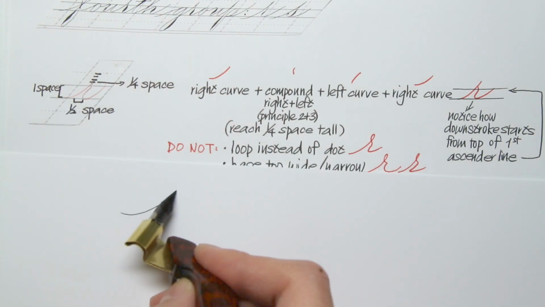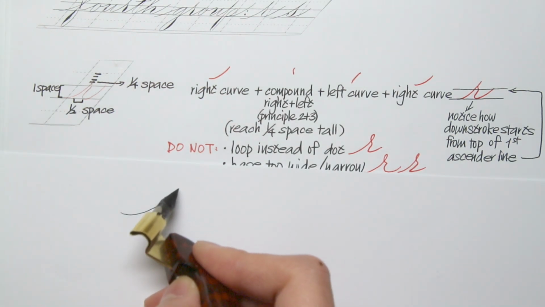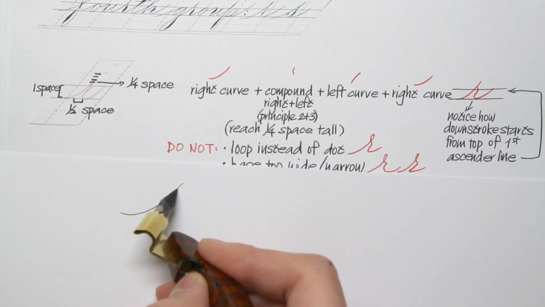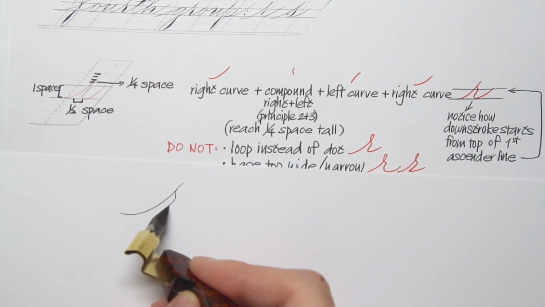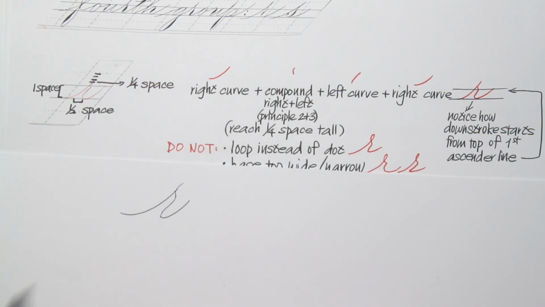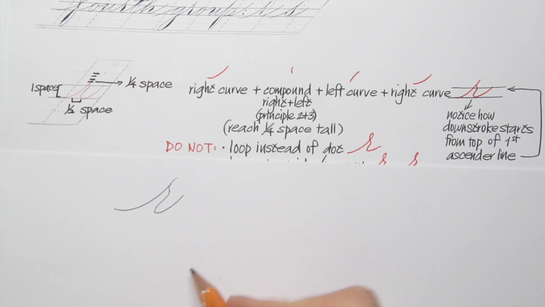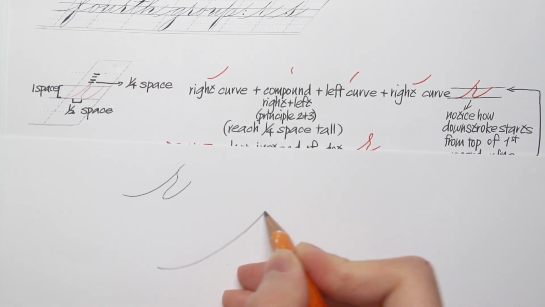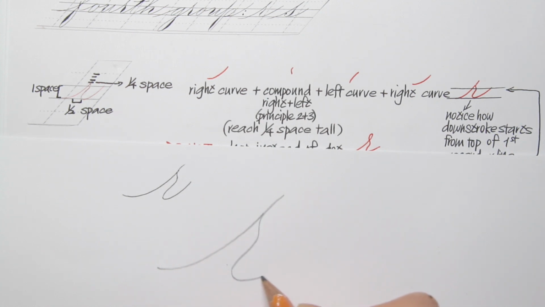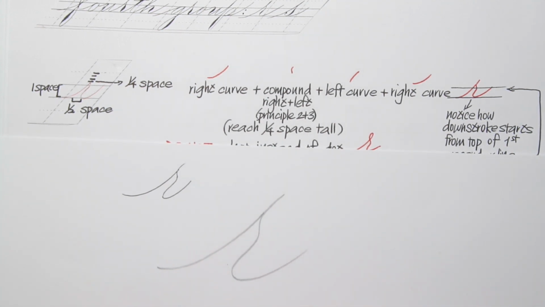A right curve, a compound right and left. So the principal 2 plus 3. Left curve, right curve. So again, I want you to see, here's a good way to practice it.